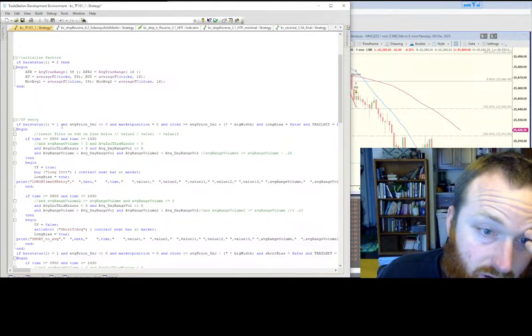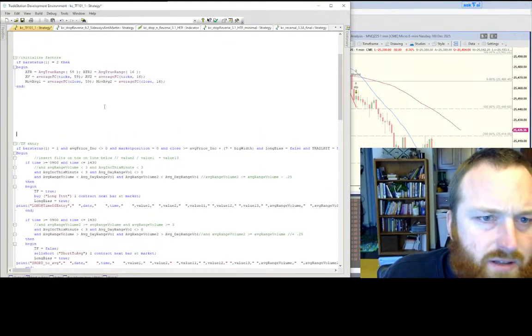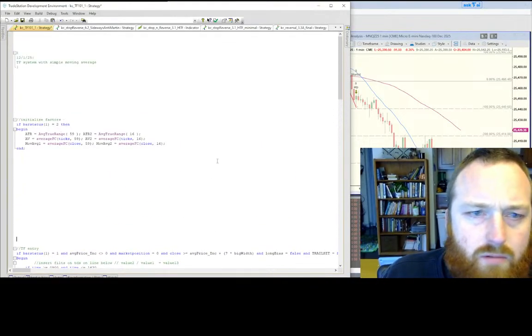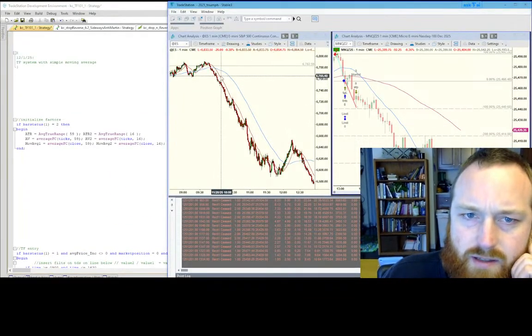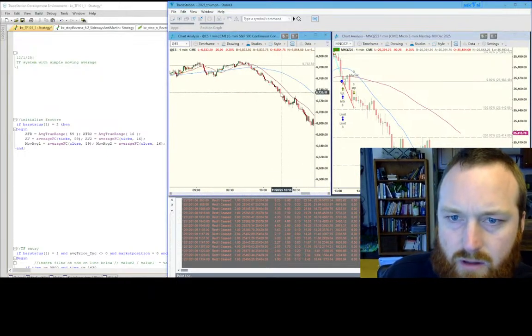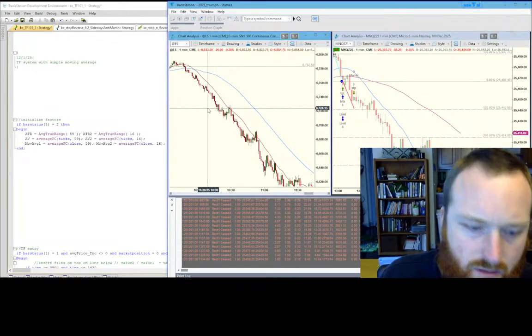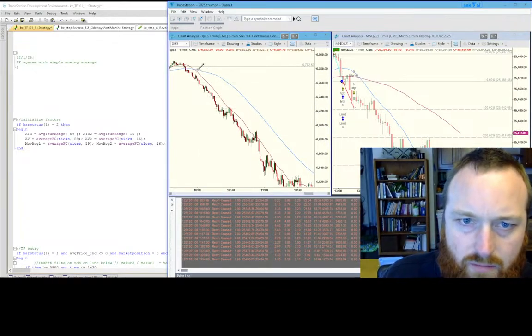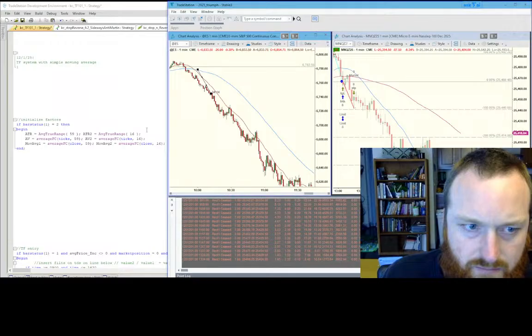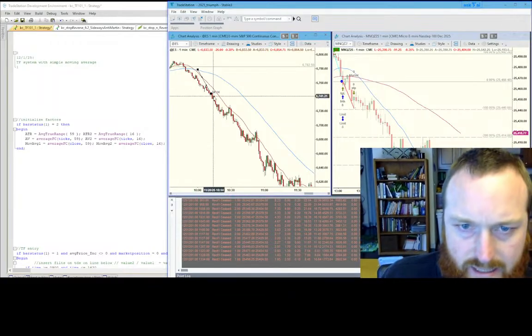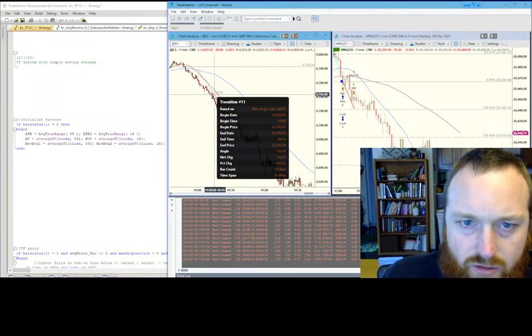So at this point, I don't know if I'm going to use any of this code. I don't know what I'm going to use with it. Basically, all I want to know is when this market goes away from that blue moving average by a certain measure of perhaps ATR. Let's say when it goes, I don't know what's normal ATR.